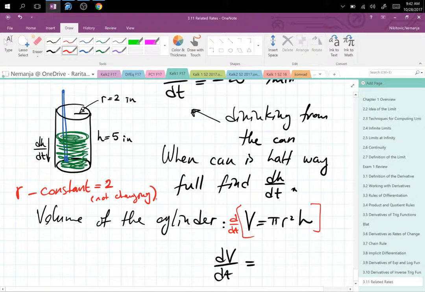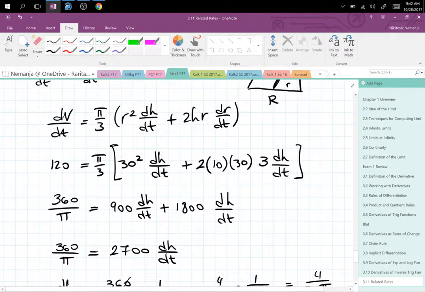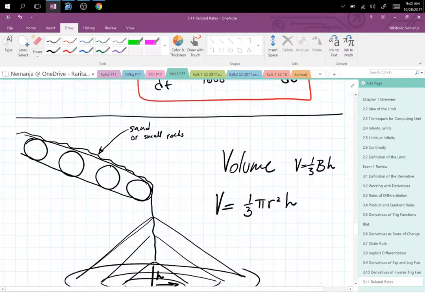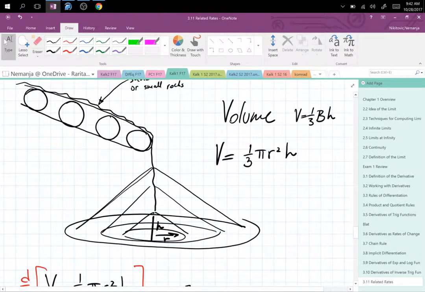So only the variables that are changing in the physical reality of the problem are variables in the math translation of that physical reality. Earlier for the cone, as the sand falls on the pile, radius grows, height grows, volume grows.